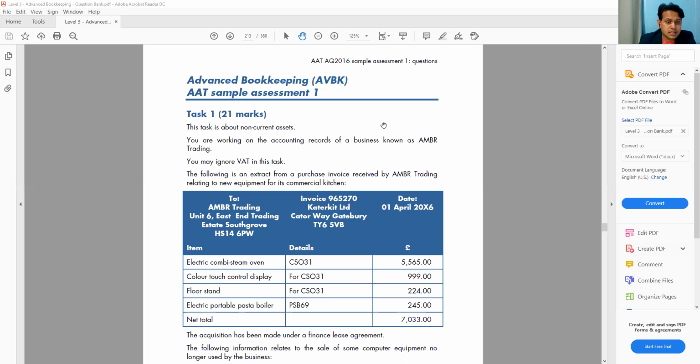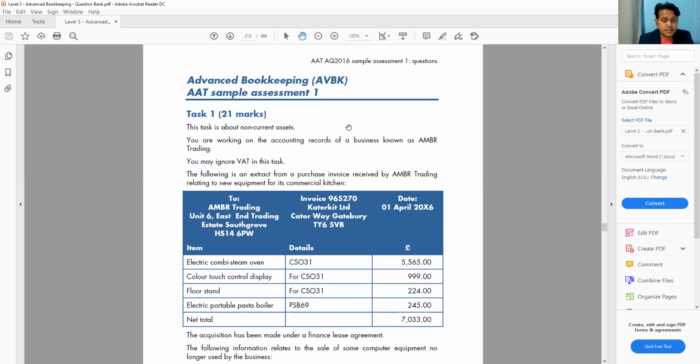So for example, task number one normally comes from non-current assets, and this task can give you 21 marks. So obviously it depends how many marks you have for which question. If the question is a little bit bigger and there are more marks involved, then you can spend some more time. Obviously, if the question is small, you can take less time for that.